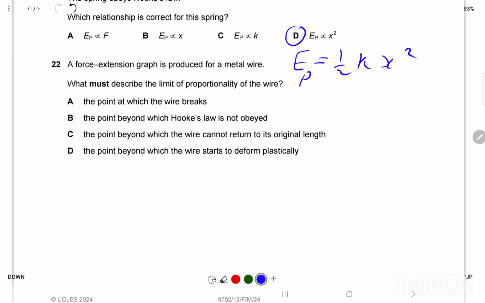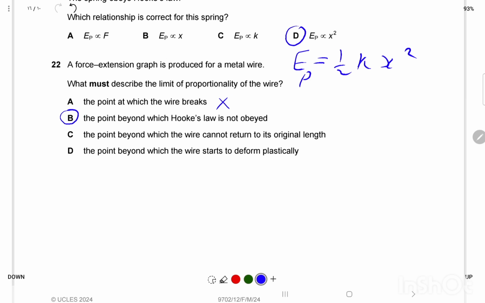Question 22. A force extension graph is produced for a metal wire. What must describe the limit of proportionality of the wire? First statement, the point at which the wire breaks. This is incorrect. The point beyond which Hooke's law is not obeyed. This is correct.